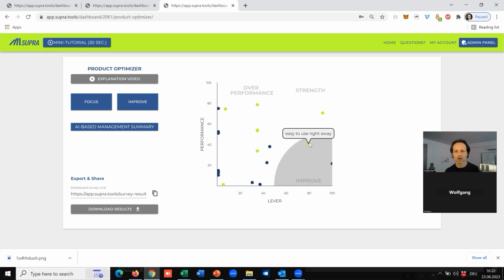That's what consumers really value. And again, performance is rather low. If you can communicate and make sure this is the case, yeah, you eliminate a barrier to product launch, right?